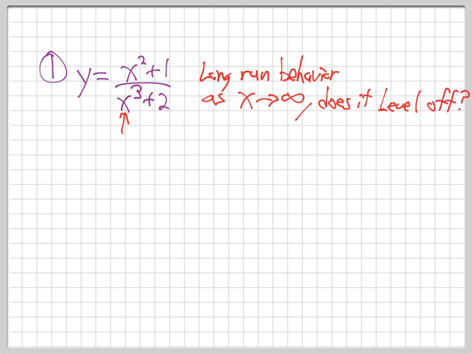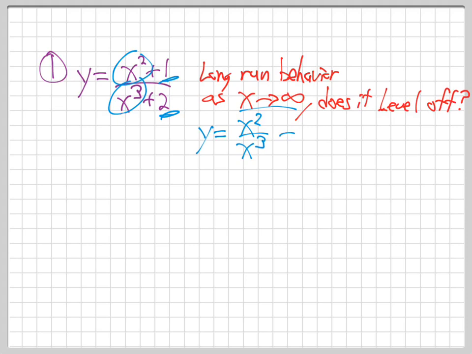So as you plug in infinity to this thing, what's this function going to do? All that's going to matter is the most powerful term on the top and the most powerful term on the bottom, right? When you're plugging in gigantic numbers like 100 or 1,000 or a million, the +1 and the +2 are chump change. They're nothing. Ignore them. So it becomes y equals x squared over x cubed.